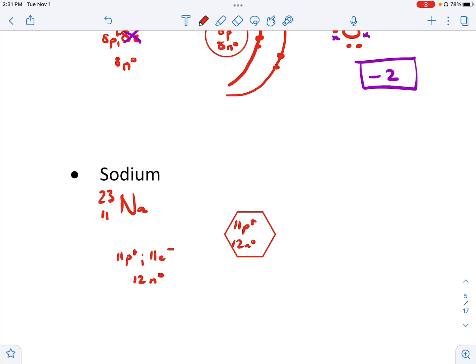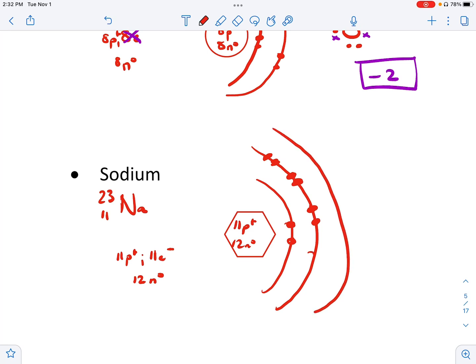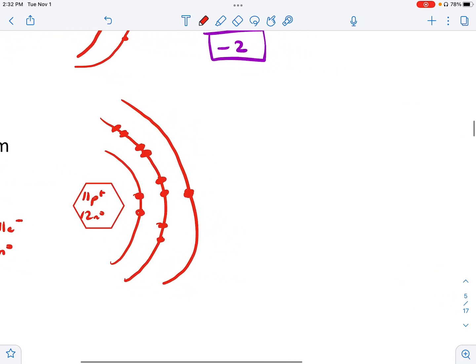First energy level 2, second energy level 2, 4, 6, 8, and then 1 out there. So the Lewis dot is just Na with 1 dot. Remember, start at the top, bottom, side to side.